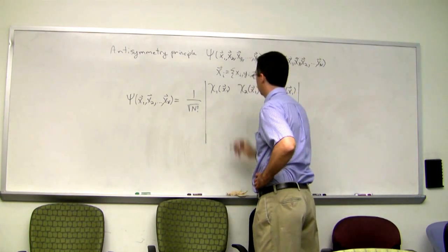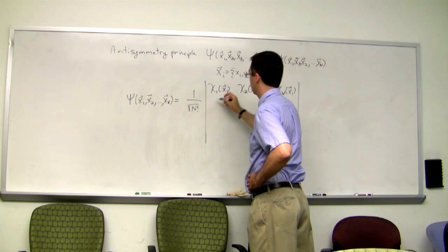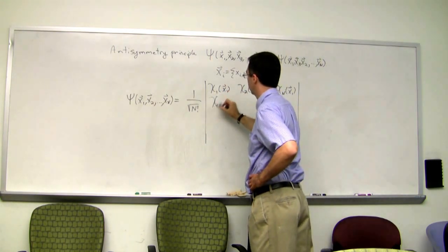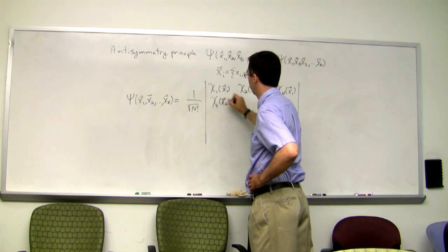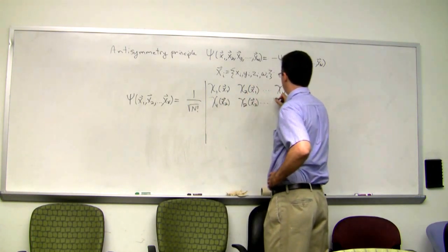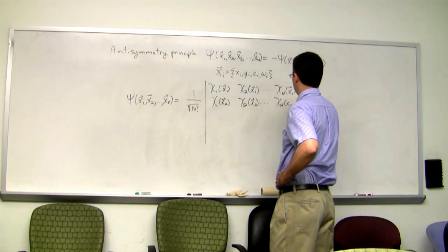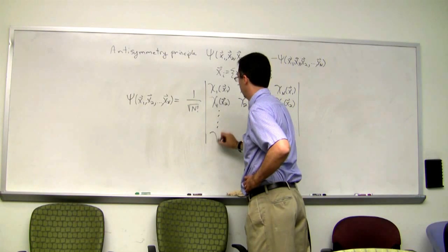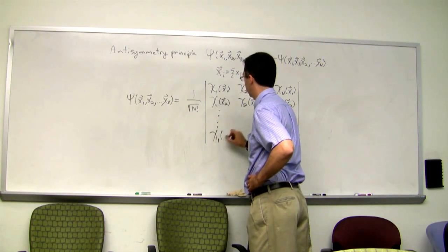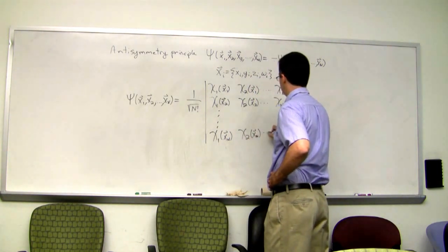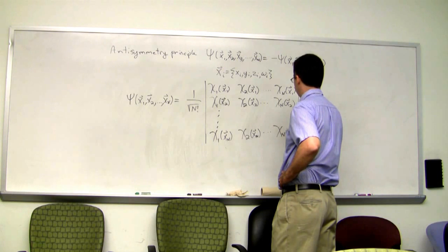That's the first row. The second row looks the same as the first row, except now instead of electron 1, I go to electron 2. So it becomes chi 1 of x2, chi 2 of x2, et cetera, chi N of x2. And so on and so forth, down to the bottom, which is chi 1 of xN, chi 2 of xN, and chi N of xN.